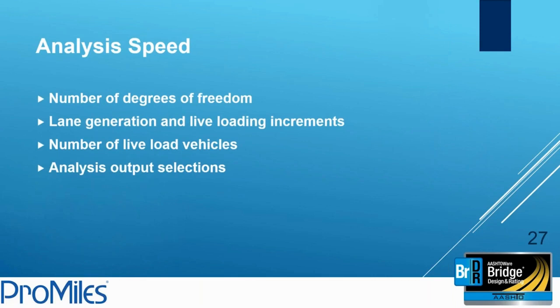So analysis speed is primarily dependent on the number of degrees of freedom you have in the model, which, as I've shown before, you can control. It is controlled by the number of lanes you generate on the travel way, the live loading increments you have, the number of live loads you're analyzing, and where you are outputting your analysis output files.